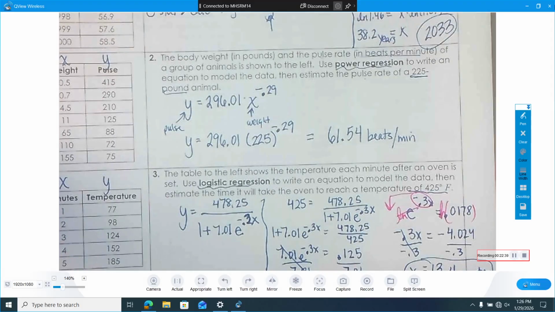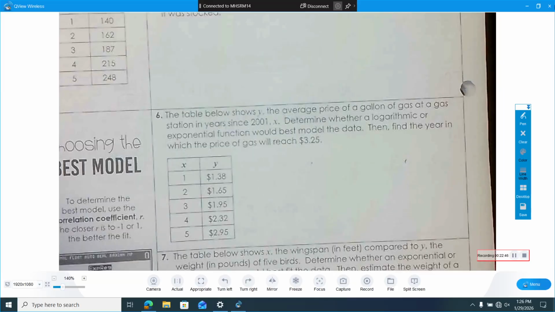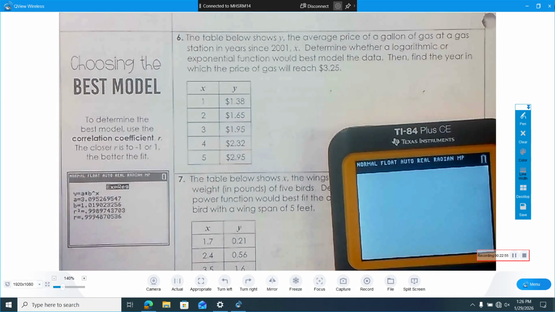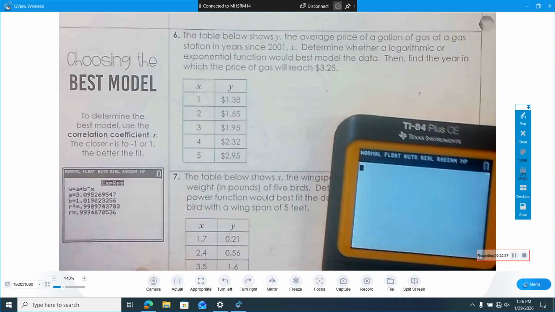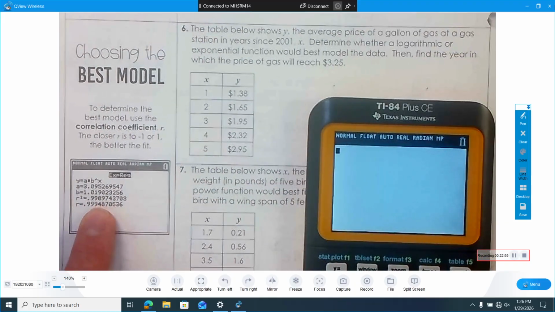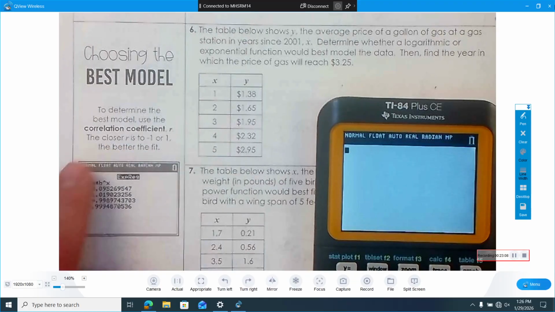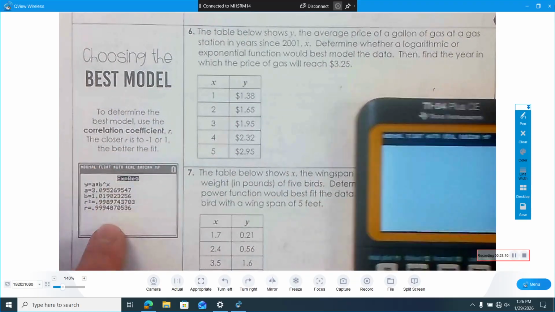All right. So, choosing the best model, there is only the one. Oh, there's 2 at the bottom. Okay, I guess I will talk quickly about that. R is the correlation coefficient, all right? It looks like a couple of these, you're going to get an R value.